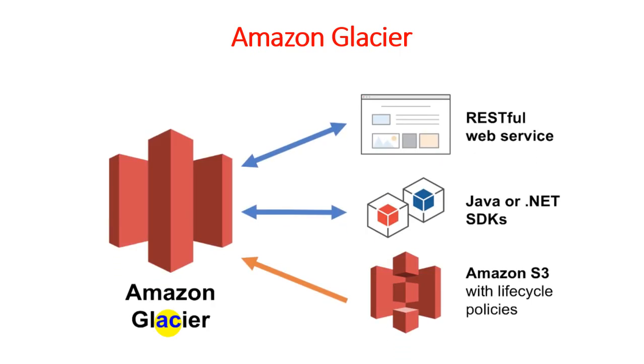Here is the architecture, the diagram defined by Amazon Glacier. Glacier is nothing but the interface through which we can store and retrieve our information with the help of different platforms, like on the right hand side: RESTful web services, Java or .NET SDKs, Amazon S3 with lifecycle policies.